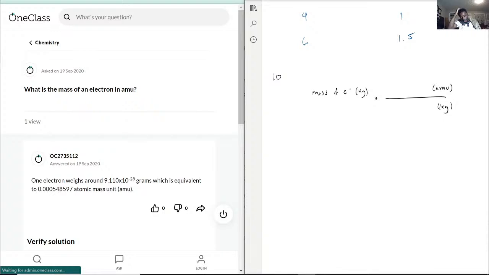Okay, so with that, you're probably wondering 2 things. What is the mass of an electron? And what is an atomic mass unit, aka AMU? So let's take a deep dive in both.